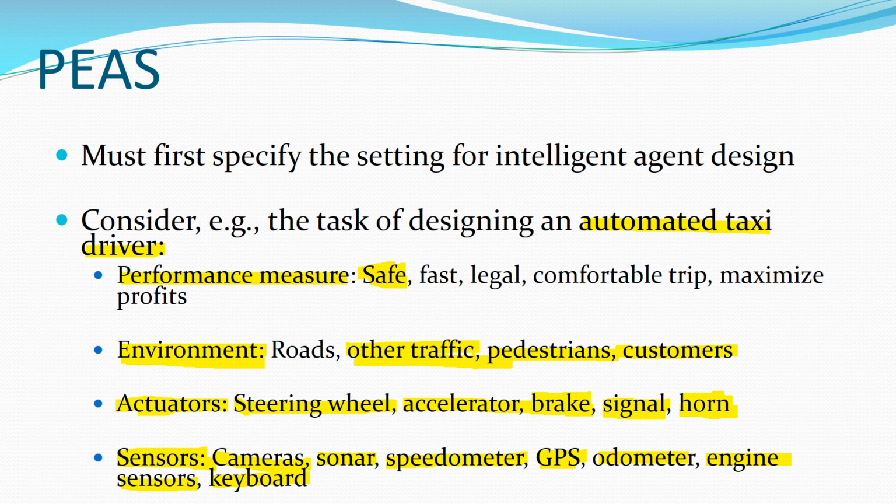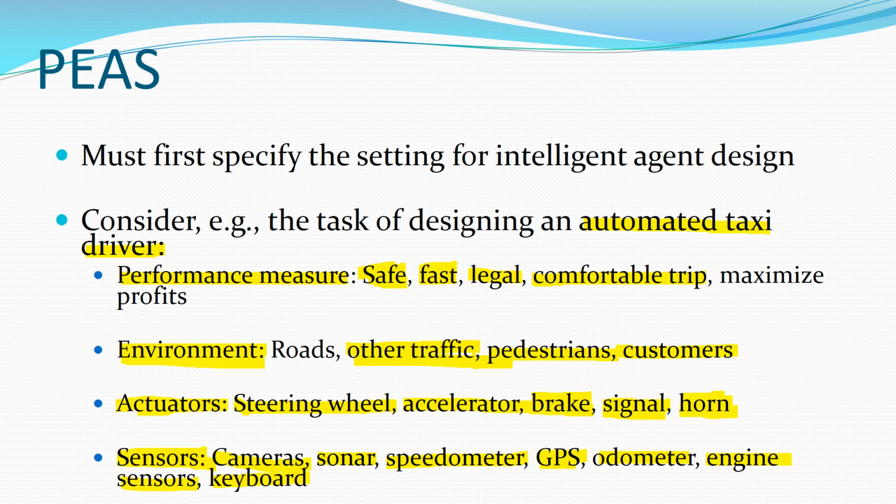Now, if the agent is driving too fast, it is not a comfortable trip. What do we mean by a comfortable trip? Suppose it is driving very harshly, not looking at whether there are speed breakers or not. In that case, you won't feel comfortable in the taxi.